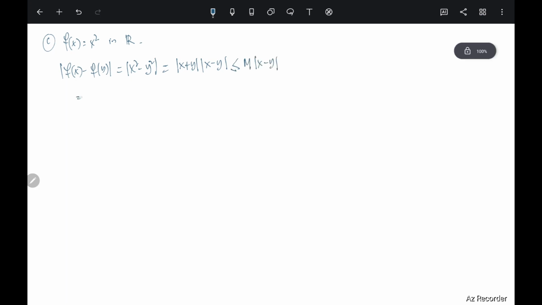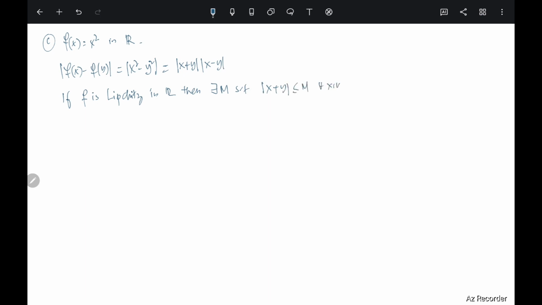So that will actually imply that if f is Lipschitz in R, then there must exist m such that mod x plus y is less than or equal to m for all x, y in R. But you do realize that this is of course not possible, because I can choose x and y sufficiently big such that this is not true.